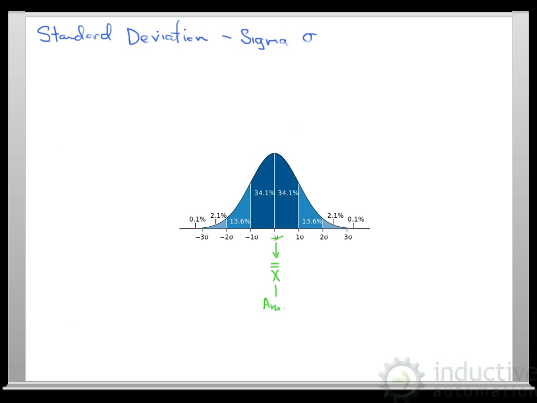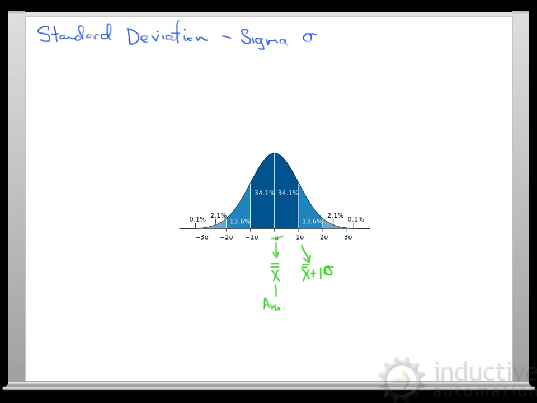Then we see 1 standard deviation, or 1 sigma, off to the right, 2 sigma, and 3 sigma. And then likewise, minus 1 sigma, minus 2, minus 3. And we can get the value of this by taking our X double bar plus the 1 sigma value.